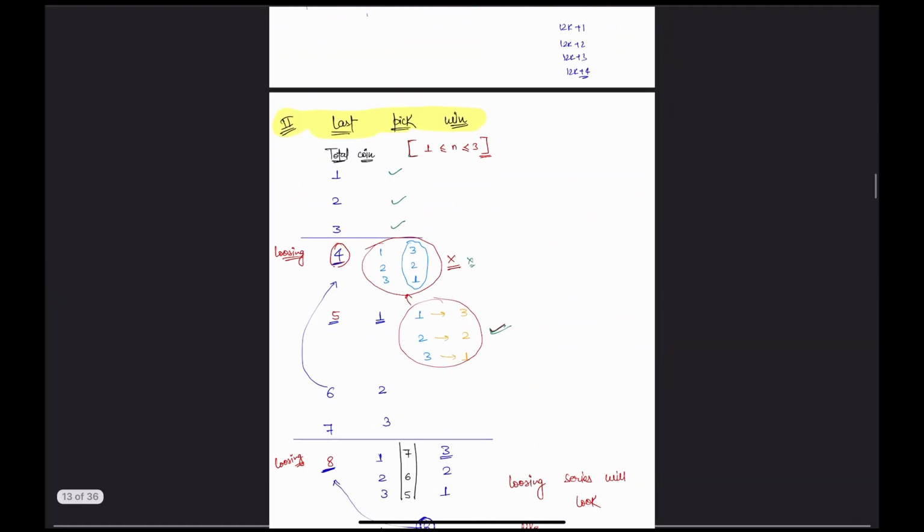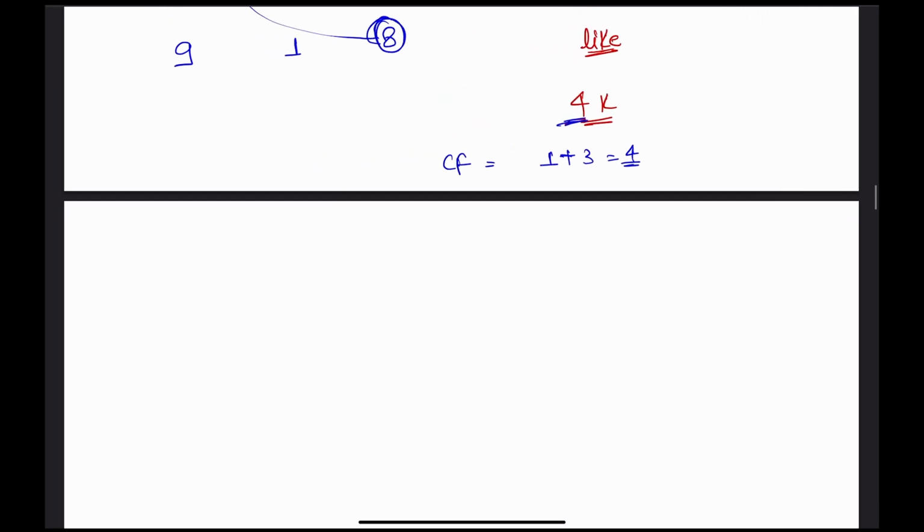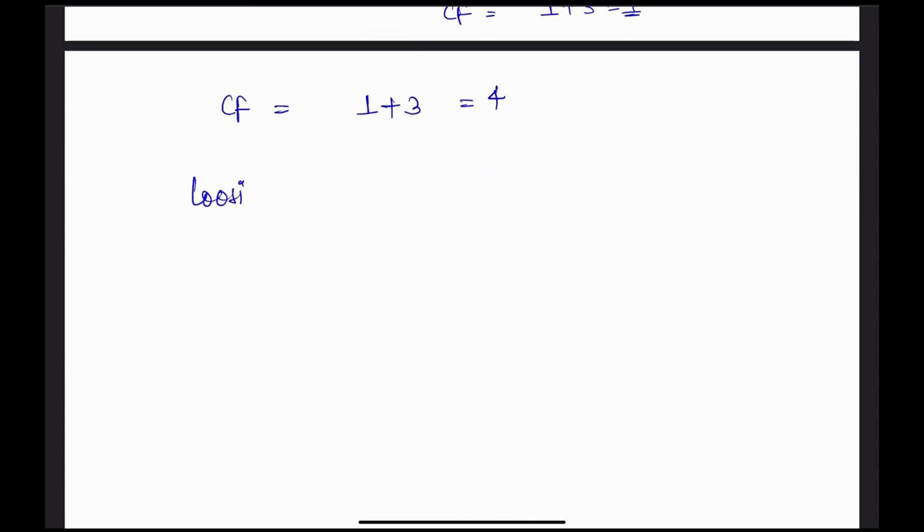Okay, but here the losing series, let me write it clearly over here. CF is 1 plus 3 equal to 4, and losing series is 4k. So in the old question, the last pick lose, the losing series used to be 4k plus 1, but here you can see that it is 4k.